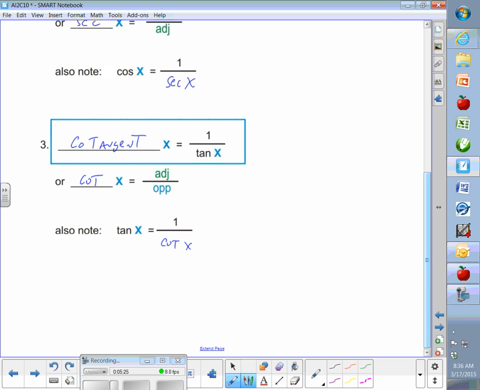So when they give us secant, cosecant, or cotangent, in order to use our calculator to get an angle, we've got to know the relationship. We've got to know that the sine is 1 over the cosecant, the secant is 1 over the cosine, and the cotangent is 1 over the tangent. Something you should have memorized.